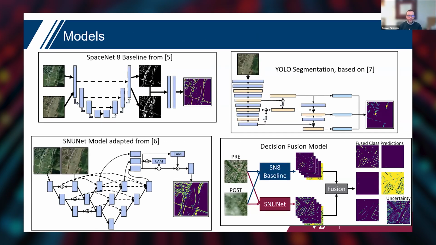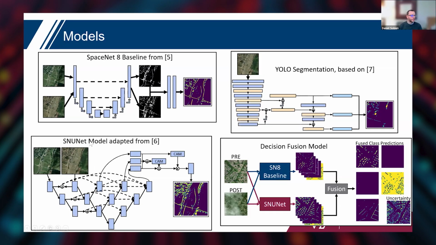So, just another quick overview of the different models that we used within the study. The first one, top left, is the SpaceNet 8 baseline. That's from the people who released the data set. This one is UNet based.